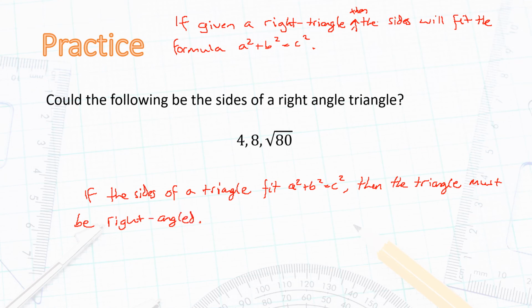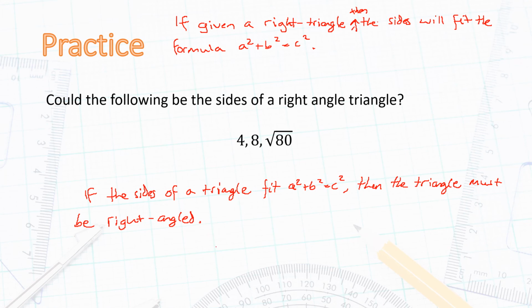And that is what we call a converse statement. So you're reversing the if-then statement for a rule, a law, a theorem, whatever it is. And if it's true, then the statement goes both ways. For Pythagoras, this is true. So if you can show me that the sides of the triangle fit a squared plus b squared equals c squared, then the triangle must be a right angled triangle. It's not just any old triangle, it must be a right angled triangle if it satisfies Pythagoras' theorem.